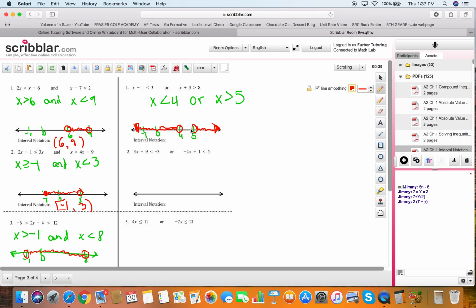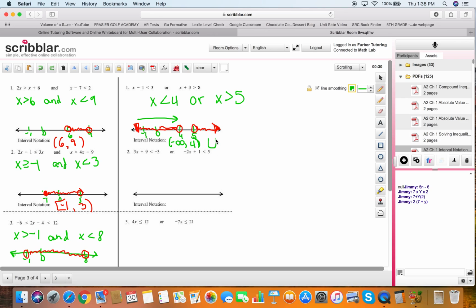And so we have to name both sets of points, okay? And we're going to connect them with that U, which means or, okay? So if you look from left to right, the first thing I see is a negative infinity. So I'm going to put parentheses, negative infinity, comma. It ends at 4, and 4 is an open circle, so I'm going to close it in parentheses.